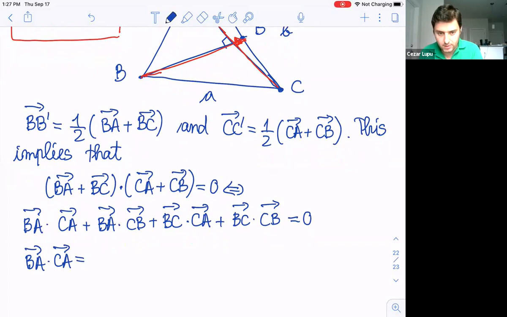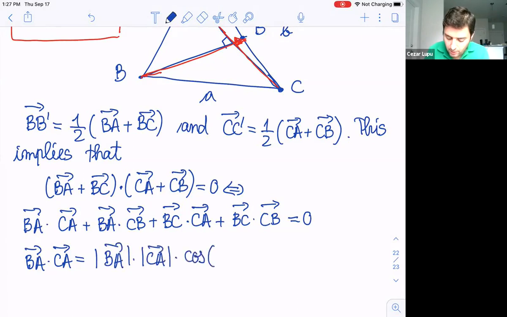Let me write it this way so that you can see it: it's the length of BA times the length of CA times the cosine of the angle between them, between BA vector and CA vector.